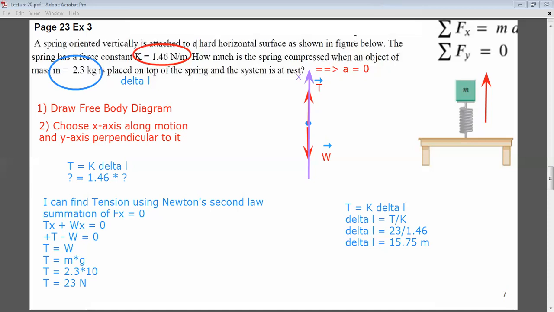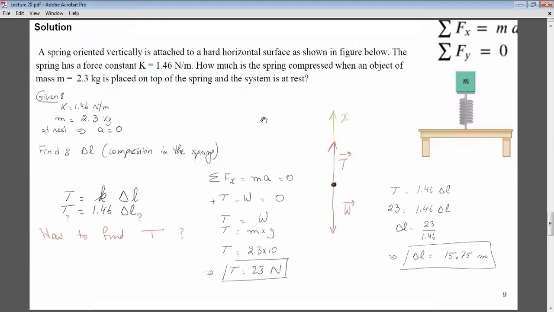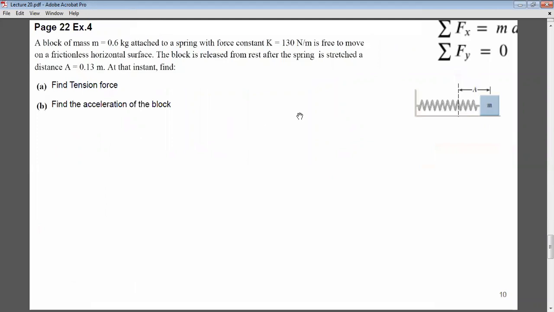Let's do another exercise with springs. You find the full solution here. A block of mass M equals 0.46 is attached to a spring with force constant K, and is free to move on a frictionless surface, so there is no friction.